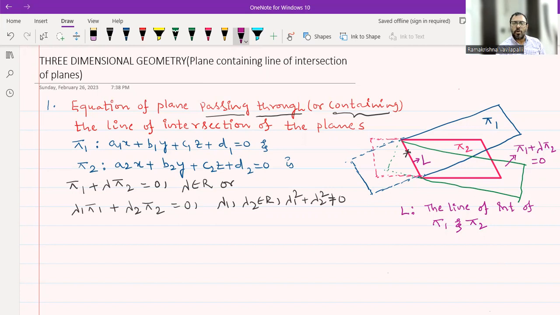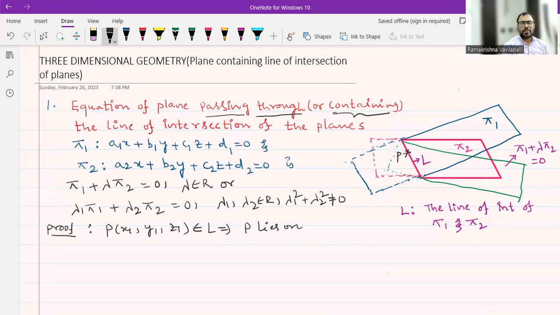You consider a point P(x1, y1, z1) on this line L. This implies P lies on pi1 and pi2 because L is the common line of intersection of pi1 and pi2.